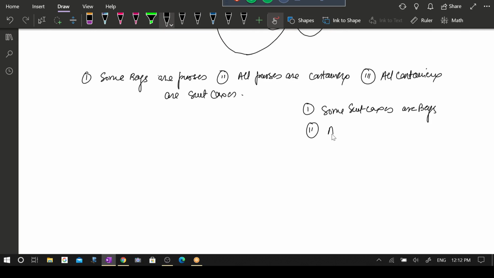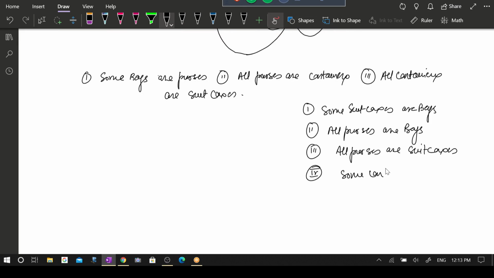Conclusions I'm writing: two, all purses are bags. Three, all purses are suitcases. And the fourth one is some containers are purses.